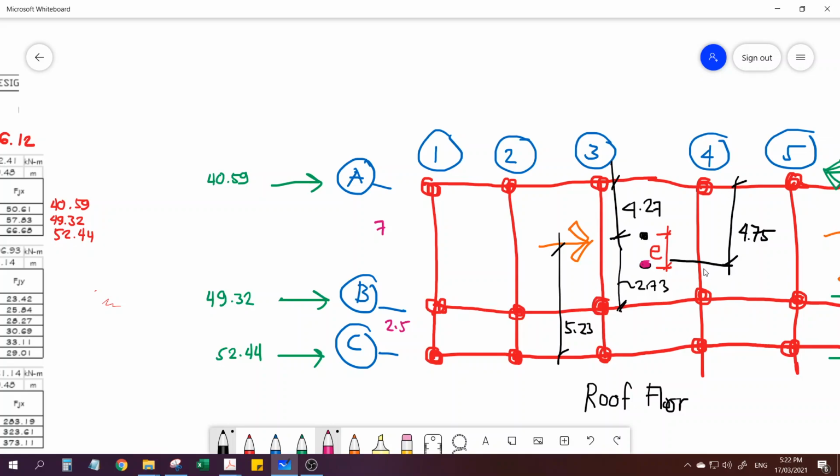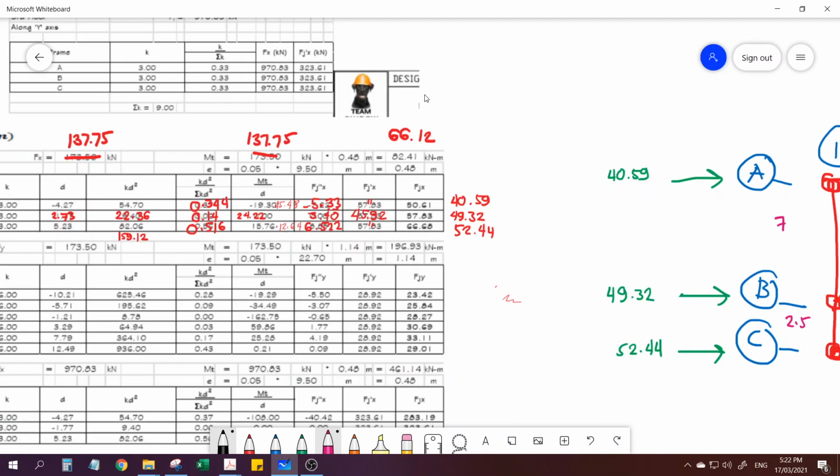But as the code says, you assume 0.05 eccentricity. So 0.05 times 9.5, you will get 0.48 meters.